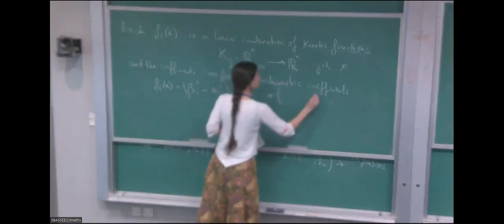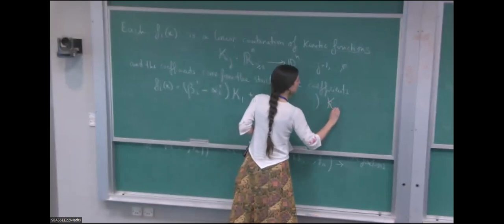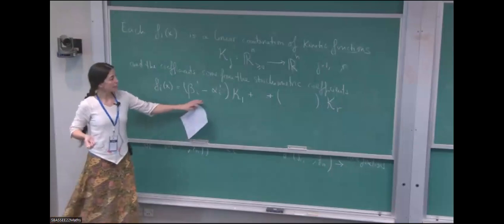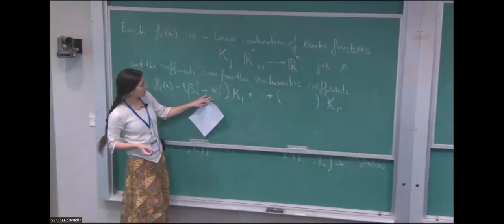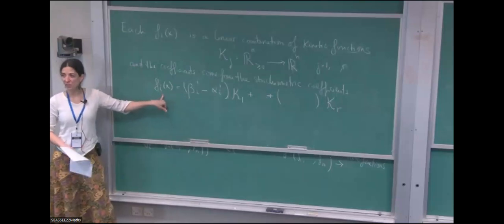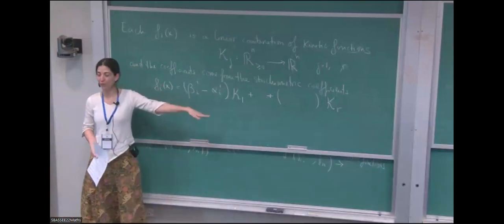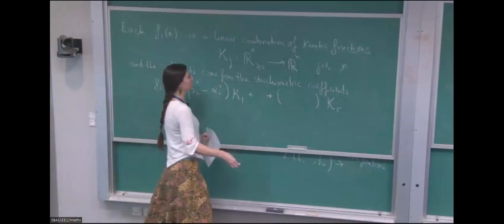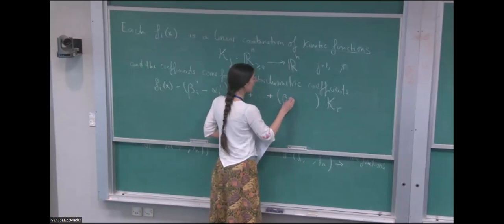For each reaction, I have the corresponding kinetic function, and then the corresponding coefficient comes from, well, I'm looking at the evolution of species i, so I need the stoichiometric coefficients for all the reactions for species i. So this is why I have here that index i.